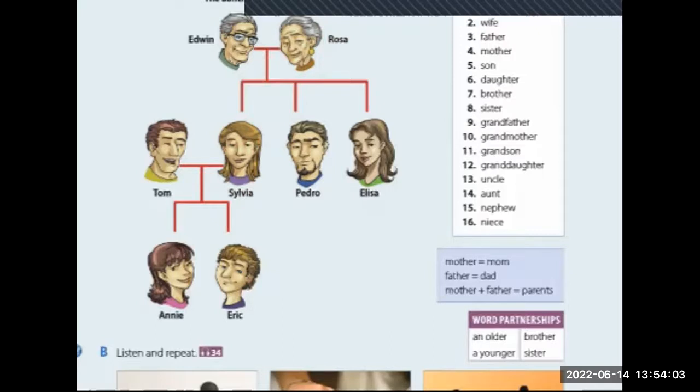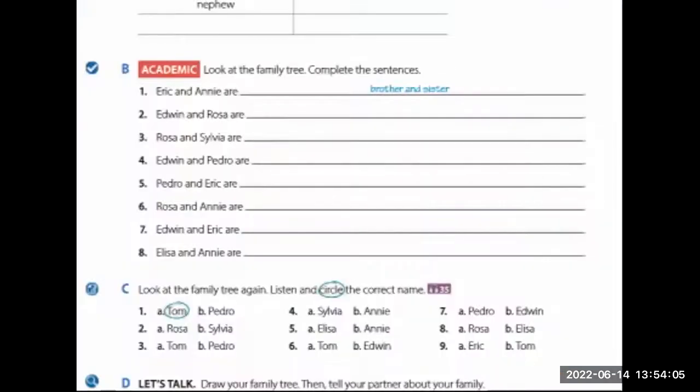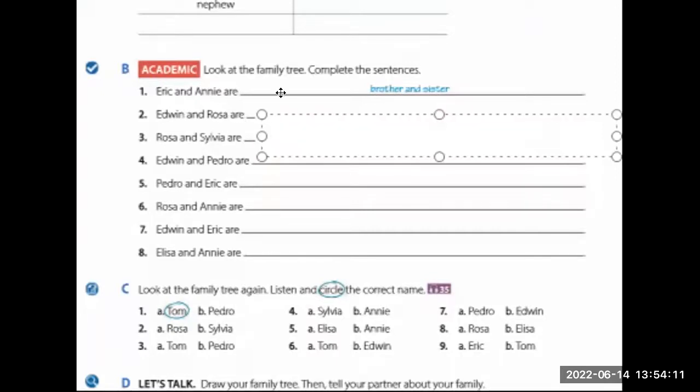So now we'll go back over here on page 35. And we see Rosa comes first, so we start with her. Rosa is mother, and then Sylvia. She is the daughter.